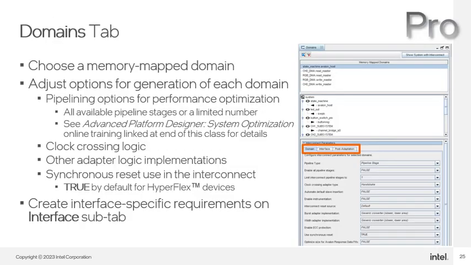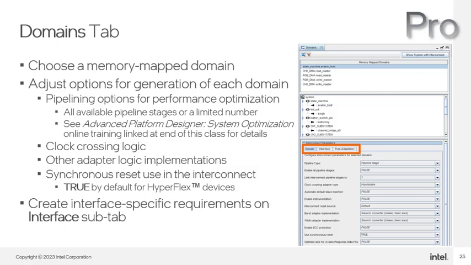In the Pro Edition, the Interconnect Requirements tab has been replaced with the Domains tab. This lets you choose custom interconnect requirements for each memory-mapped domain instead of for the entire interconnect. Select a domain from the list and set options for that domain. The Pro Edition includes some options similar to the Standard Edition, but additional options are available for the advanced devices only supported in Pro.